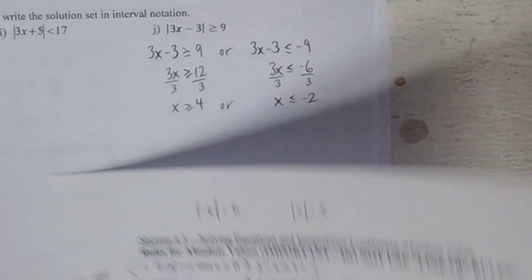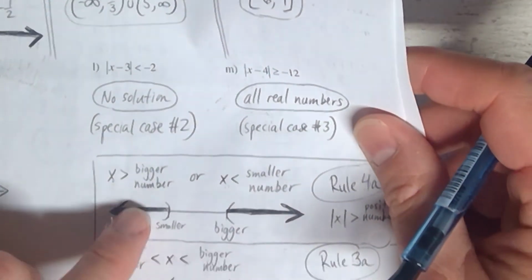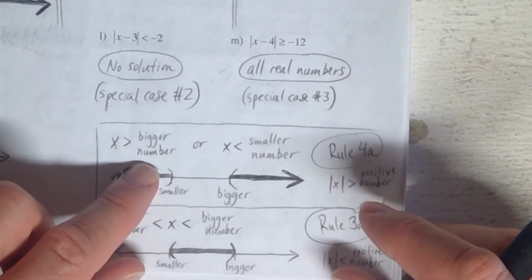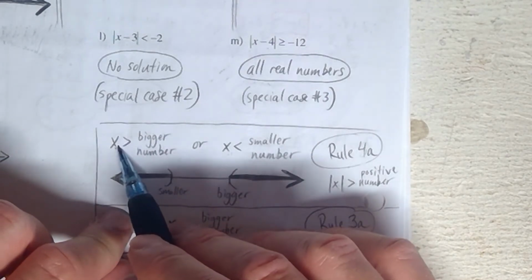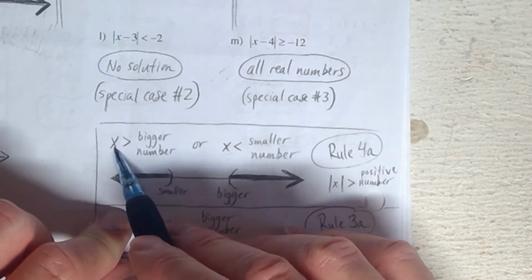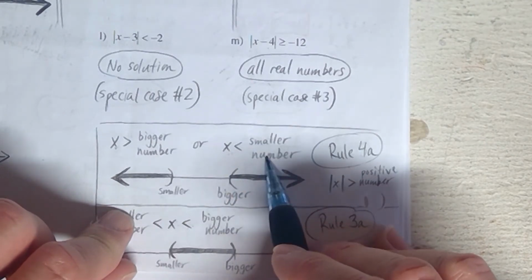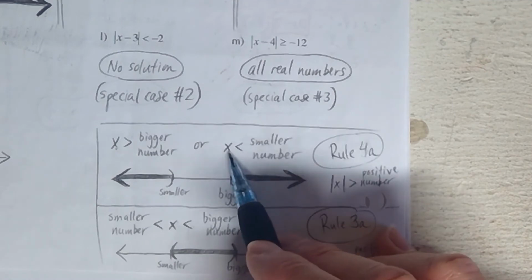All right, now, as I promised you guys, when you get the x by itself, and this should work, if rule number 4 is what you're doing, this should always happen. When you get the x by itself, the alligator should be eating the x when it's next to the bigger number, and it should be eating the smaller number when it's next to the smaller number, not the x there.